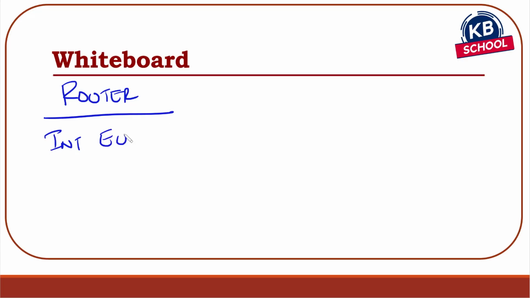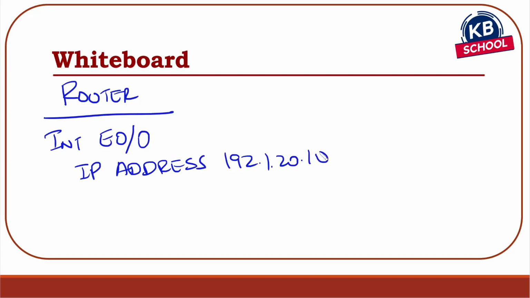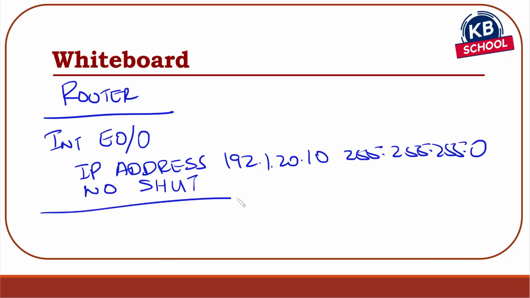So you say interface E0/0, IP address, assign it an IP address, let's say 192.1.20.10 255.255.255.0, and do a no shut on it. That's how you bring up an interface on a router.